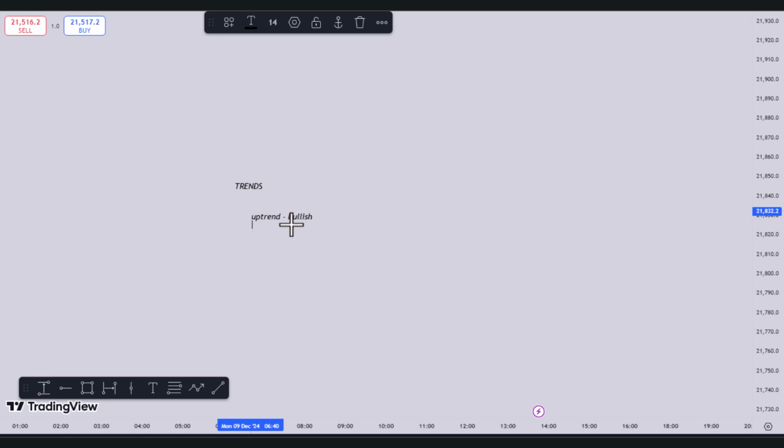Then we also have the downtrend, which is bearish in this case, so its other name is bearish trend.